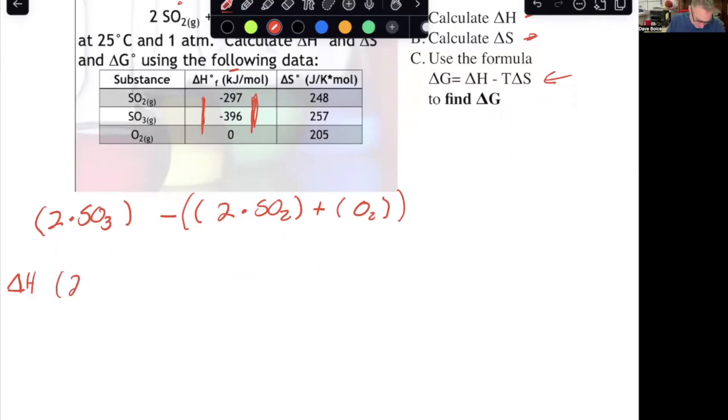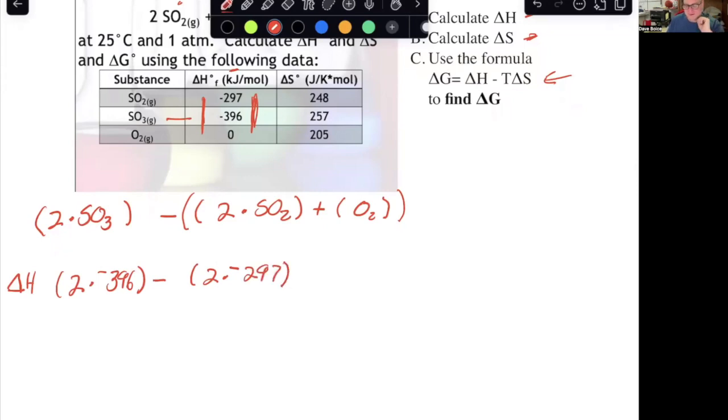So 2 times SO3, and SO3 is negative 396. That's right here. Minus 2 times SO2, and SO2 is negative 297.